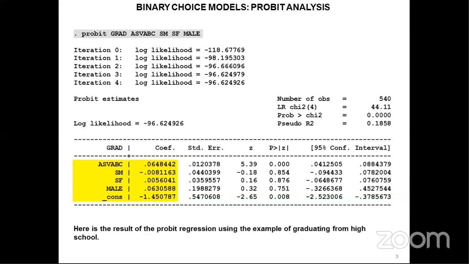Then the value of the pseudo r square is 0.18 plus, so your model explains 18% of the variation in a person being graduated or not. This is the interpretation of the log likelihood ratio, its probability, and the pseudo r square.